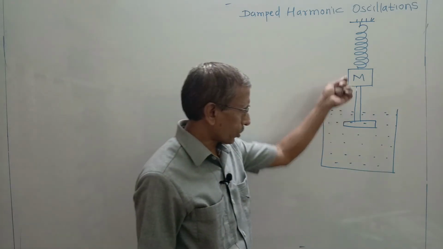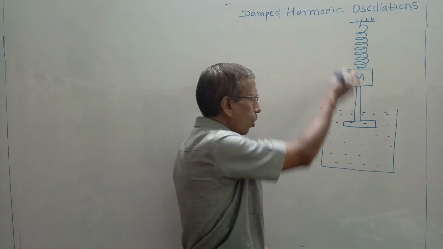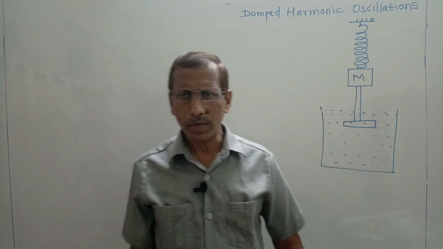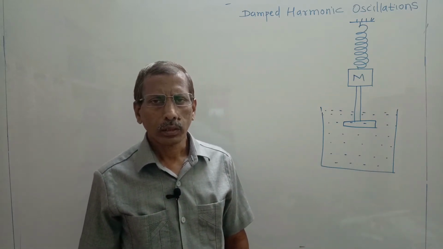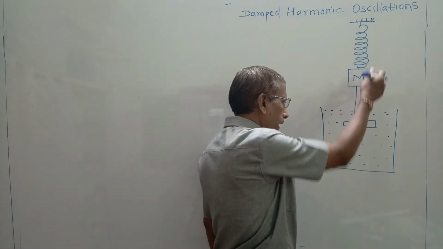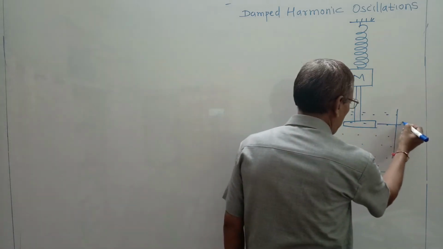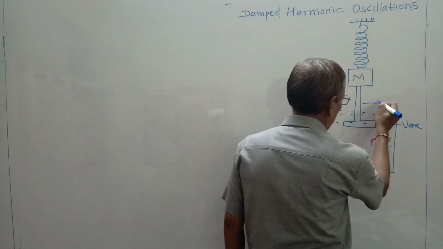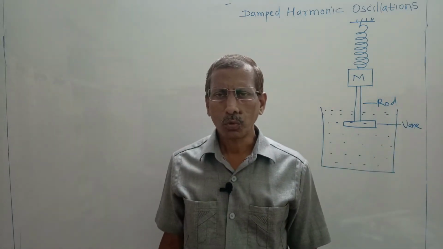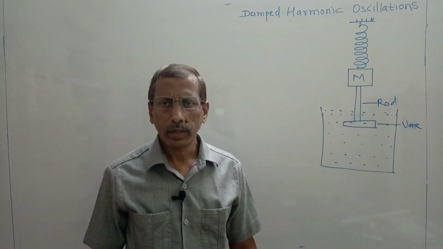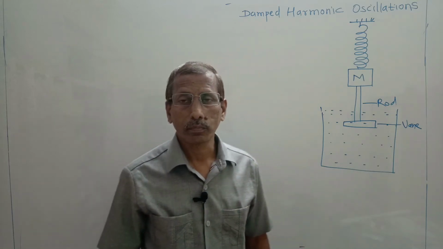When we extend this rod and release it, it performs linear simple harmonic motion about its mean position. Since it is connected through the rod to the vane, there is a motion of this vane in the liquid. It drags the liquid and there is relative motion between the layers of the liquid.